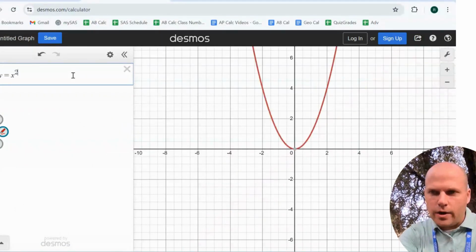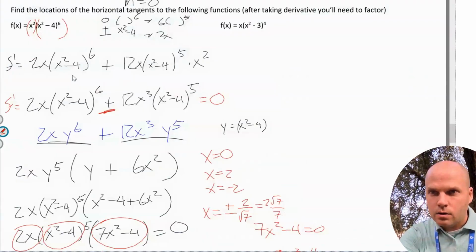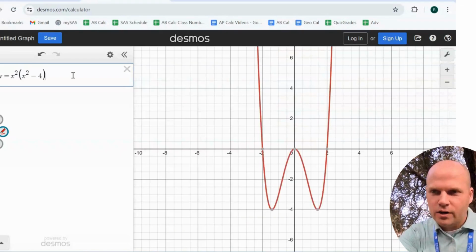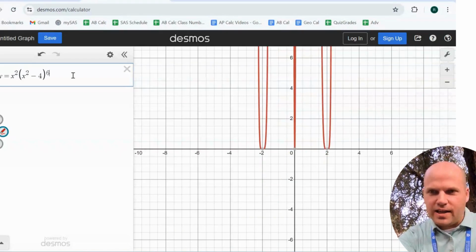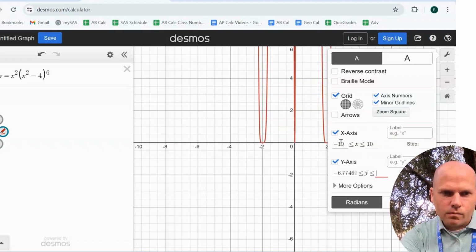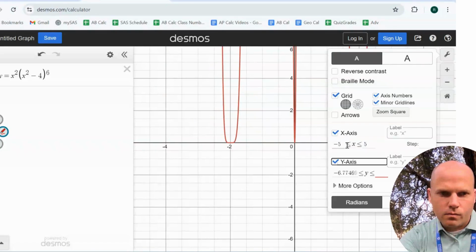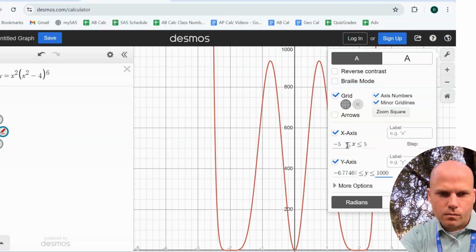X squared times x squared minus 4 to the 6th. I'm going to have to zoom out. So this is the back thing.